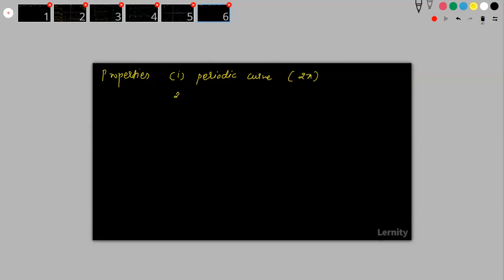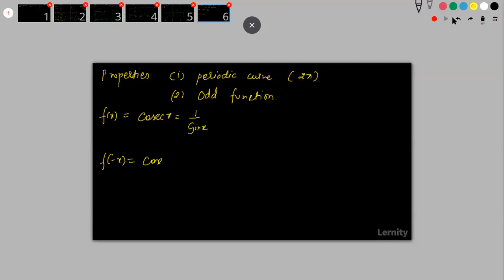Second is this is an odd function, right? We will see how it is an odd function. So cosecant x we can draw as 1 by sine x, right? Let's take this as f of x, and let's take f of minus x.